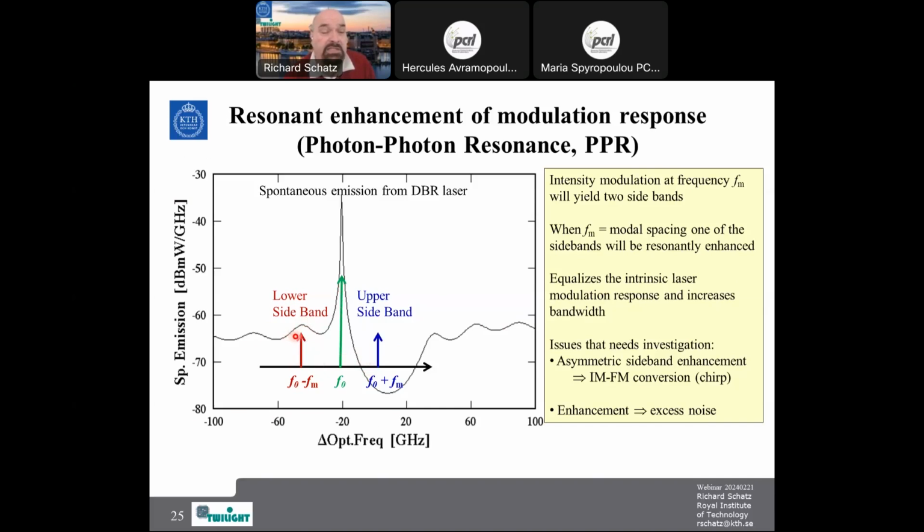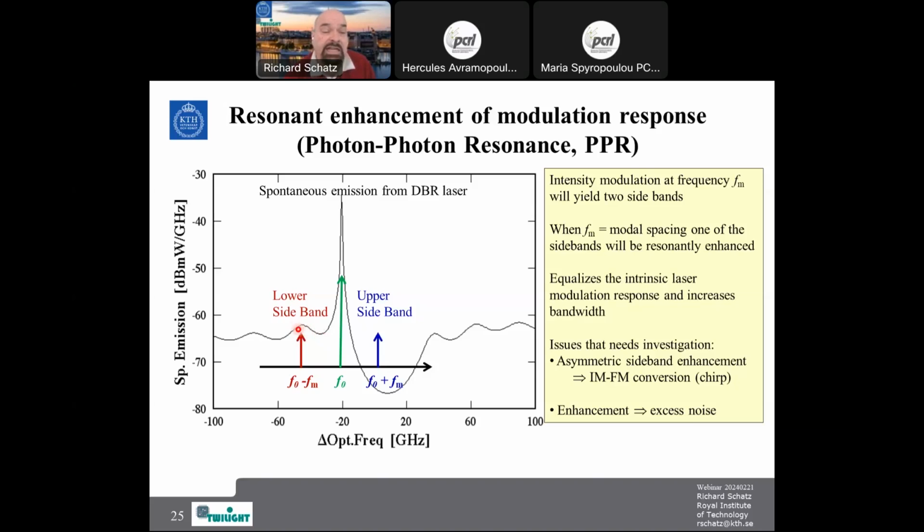That means this sideband will see the laser like a resonant semiconductor optical amplifier, which improves the magnitude of the sideband, so you can think of it as an optical equalizer. At high frequencies, when you have a sideband here, it will be stronger than when it is here at lower frequencies.